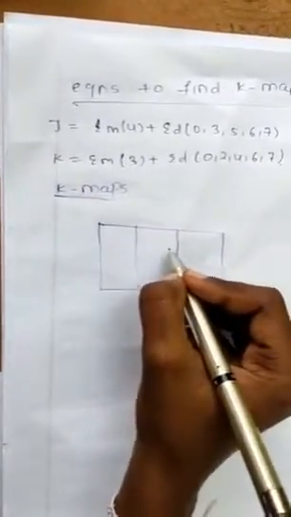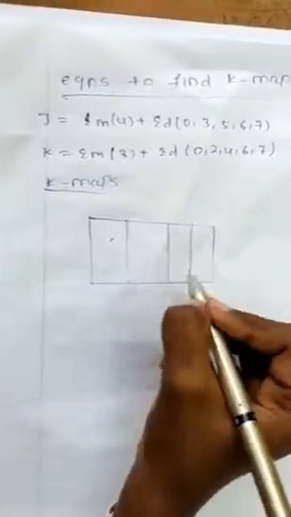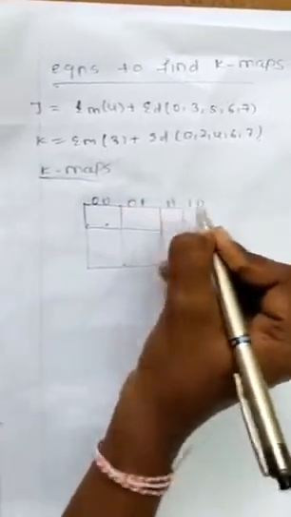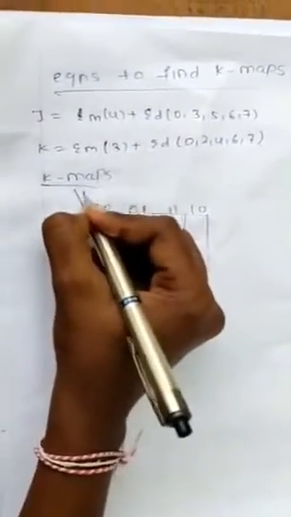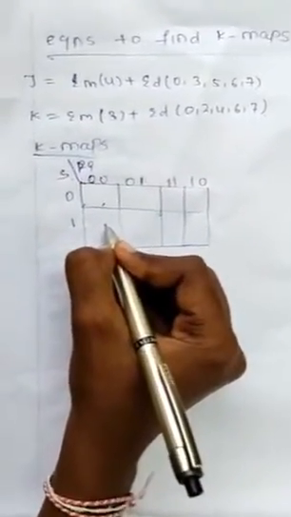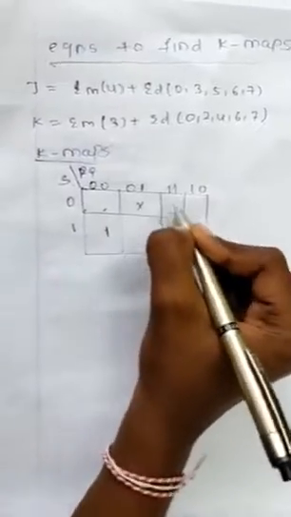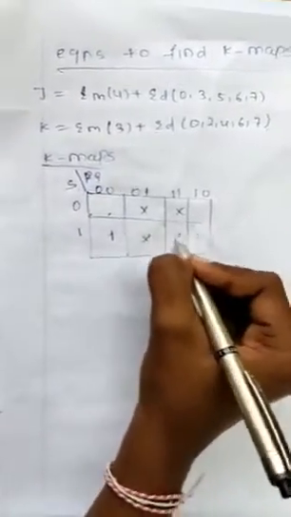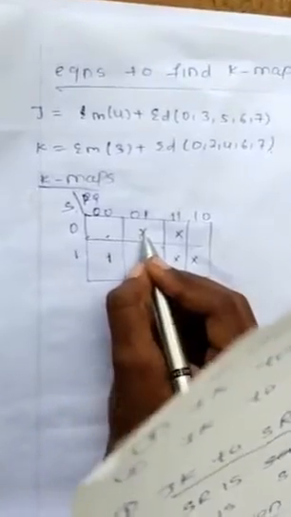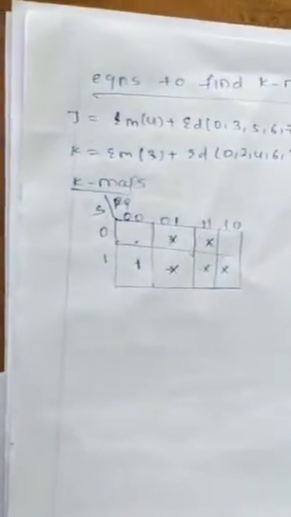You take 1 2 3 4, and 0 0 0 1 1 1 1 0, 0 and 1, for S R Q. Here this is the fourth place and then 5 6 7. Third, fifth, sixth, seventh here it will be.